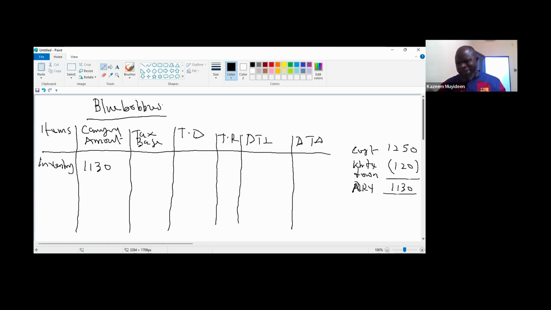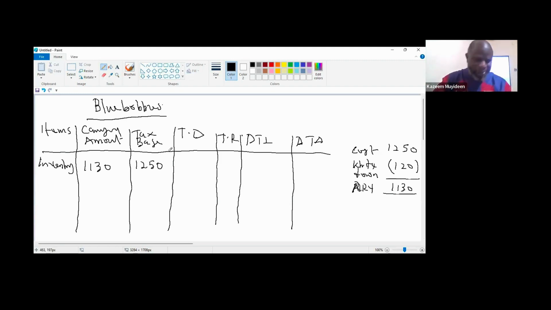They now come and say, our book, we have 1,250. How come? Say, no, we are applying principles of IAS 2. The principle says it's the lower of cost and net realizable value. So the inventory has been written down by 120. Will they agree to that? No. So the tax base will be what?